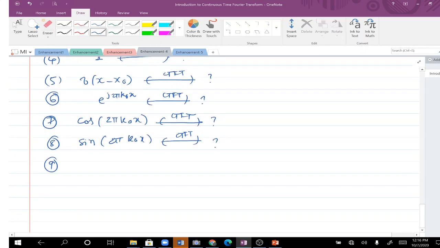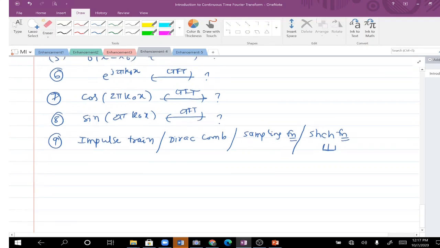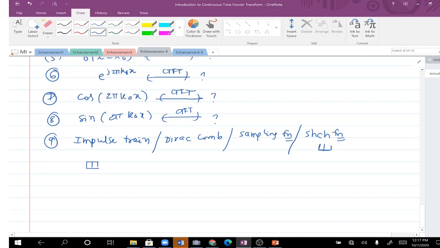Then the ninth one, you know it already by the name impulse train. There are other names that are also used for it. For example, they call it Dirac comb. Of course, this is also known as the sampling function and also known as the Shah function. And the symbol used for the Shah function is this. There is also another symbol that people typically use for it, to show it as impulse train delta of x.